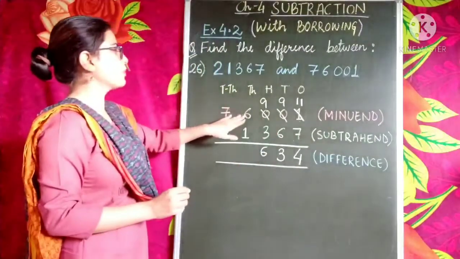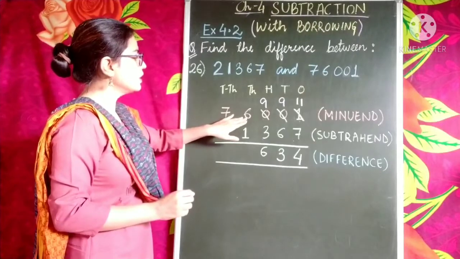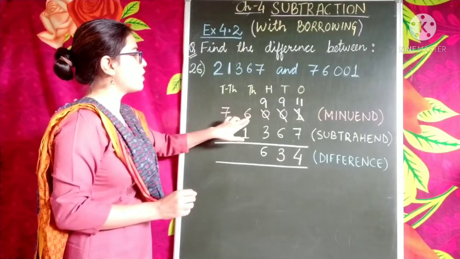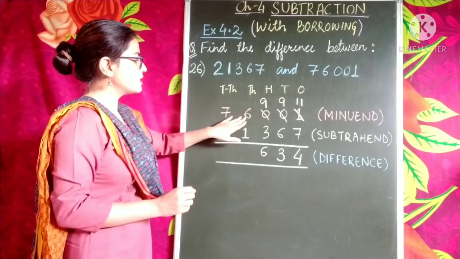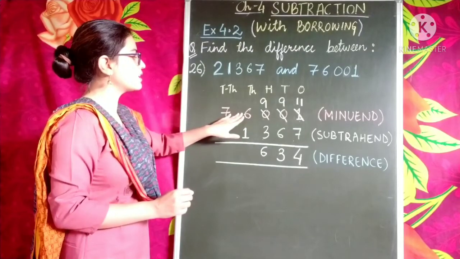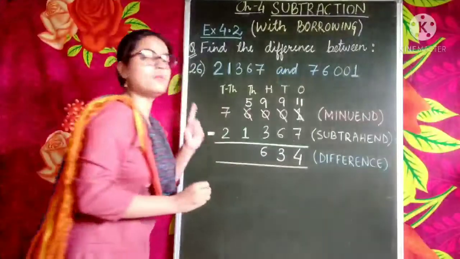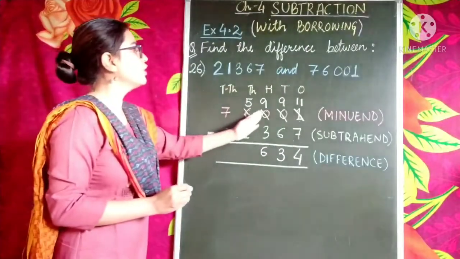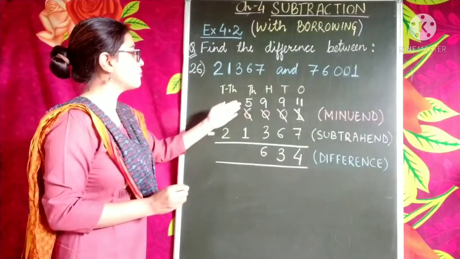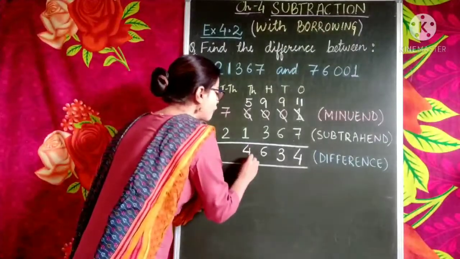Now, coming to the thousands place. Here, the 0 has borrowed from this 6, so now 6 will become 5. It will become 1 less as it gave to 0. Now, 5 minus 1 is 4.